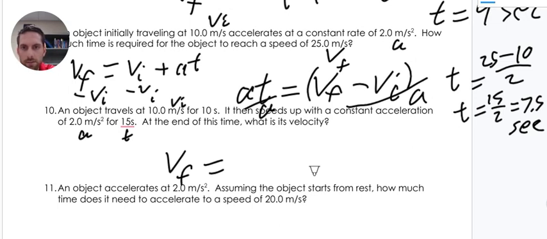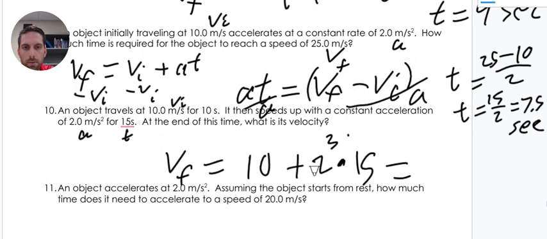So vf equals vi, 10, plus, using that same equation up here, whatever a is, looks like it's 2 times our 15, it's a time symbol, equals 30 plus 10, so 40. This is meters per second.